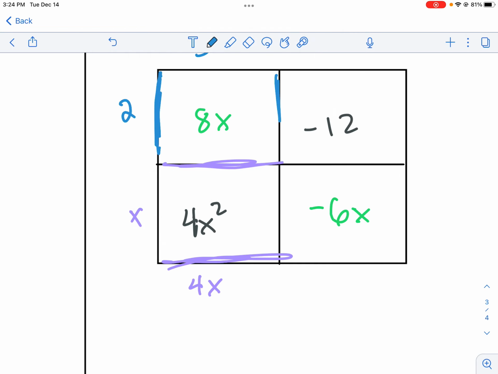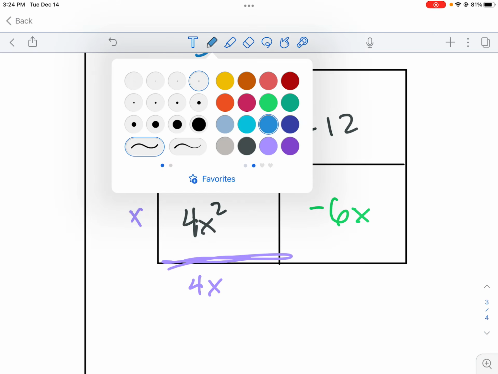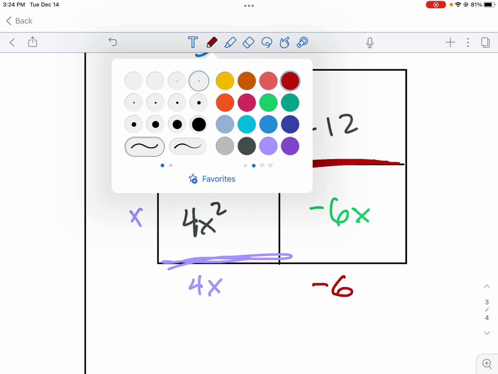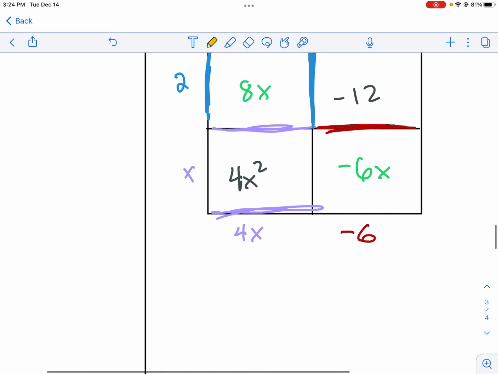If, I'll keep this color, if this length is 2 and the area is negative 12, that means this bottom length would have to be minus 6. So if you look here, we've got our factored form equation. X plus 2 times 4x minus 6.